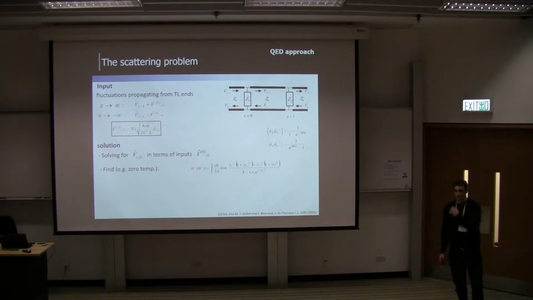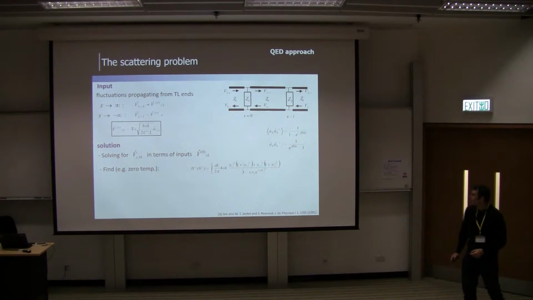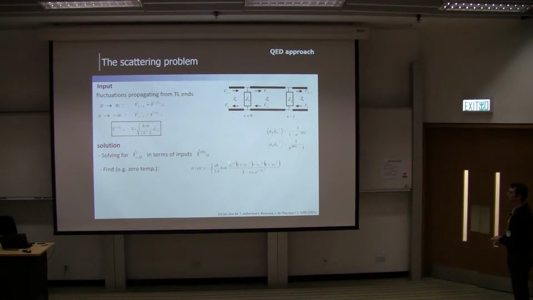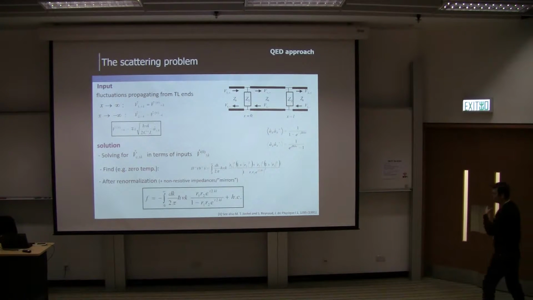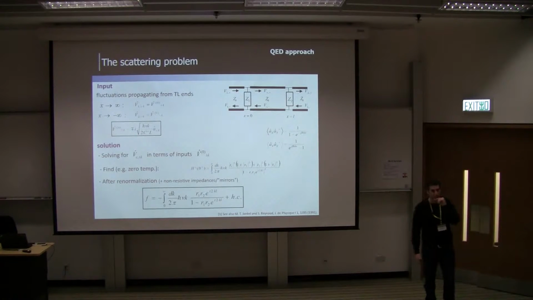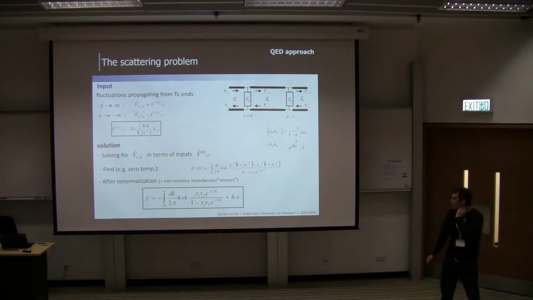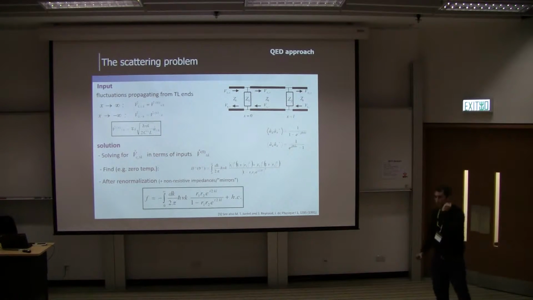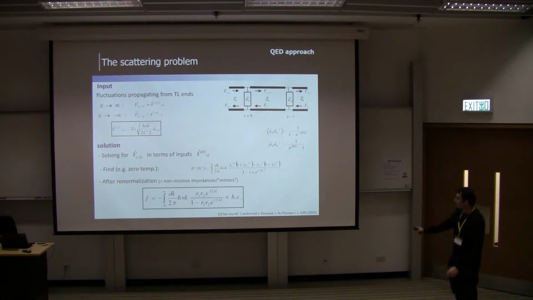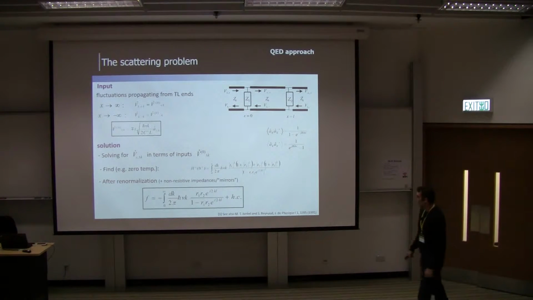Such a fancy name, in 1D it takes a few lines of calculation. Then I plug it in this H0 and I find something. You remember that I defined before the reflection and transmission coefficients for each impedance. Then I renormalize, I subtract the infinity, and here you go. This is the Lifshitz formula in 1 dimension, if you like. And then you can do the Wick rotation, but let's keep it for some other time.